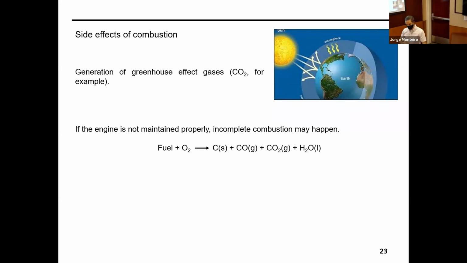So therefore, more combustion you have, more CO2 is produced, more heat is going to get trapped on Earth, and that will increase global average temperature. So that's one of the side effects of complete combustion.